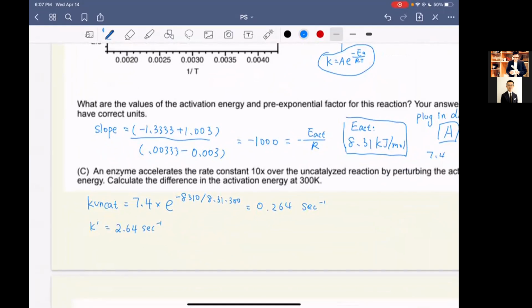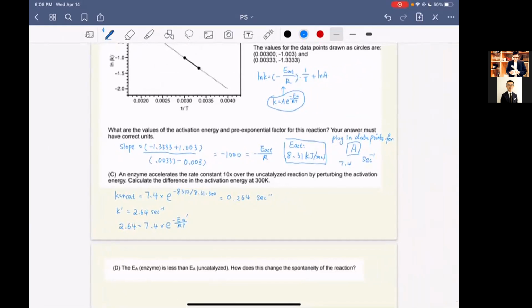Now that we have the rate constant, we can plug it into the Arrhenius equation: 2.64 equals 7.4 times e to the negative EA over RT. Now you can solve for the new activation energy with the enzyme present, and then solve for the difference in the activation energy at this specific temperature.